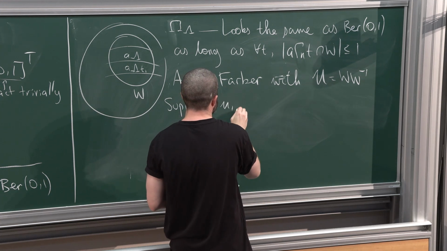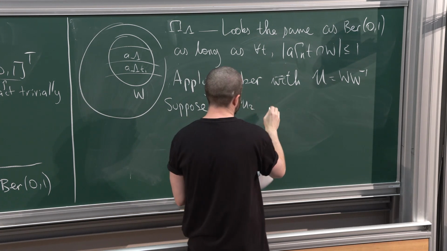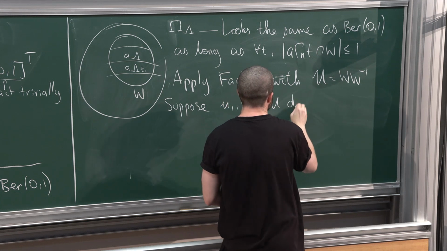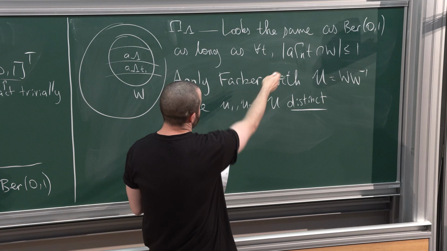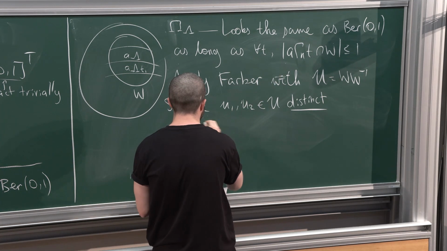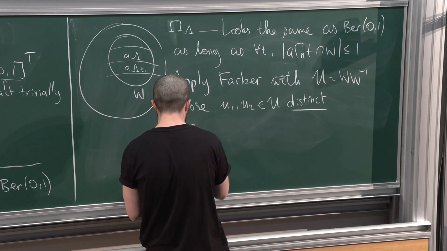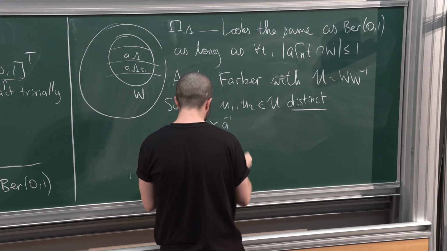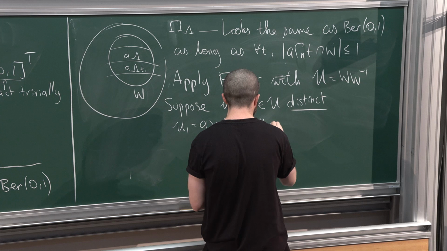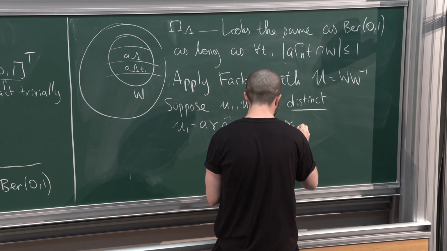That means that I have two elements u1 and u2, which are in U and distinct, that can be written in this form. So u1 is a gamma 1 a inverse, and u2 is a gamma 2 a inverse.